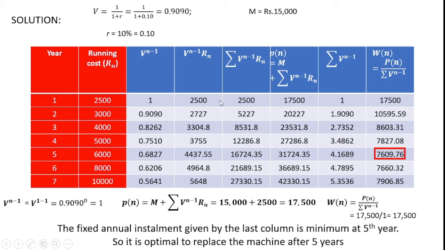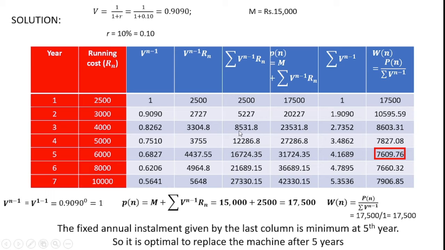For the first year I replicate the same 2500 here, but in the second year I add the first year value and the second year value, which means 2500 plus 2727. From this I get 5227. For the third year, I add 2500 plus 2727 plus 3304.8.